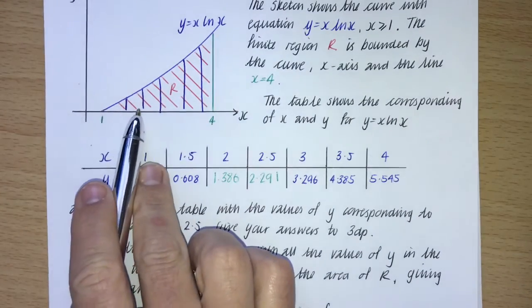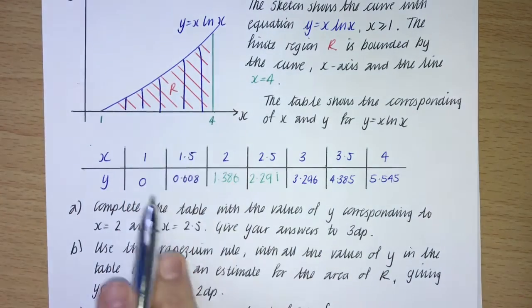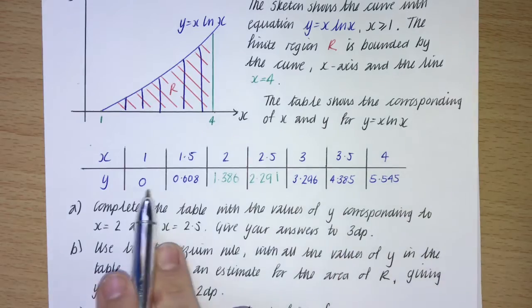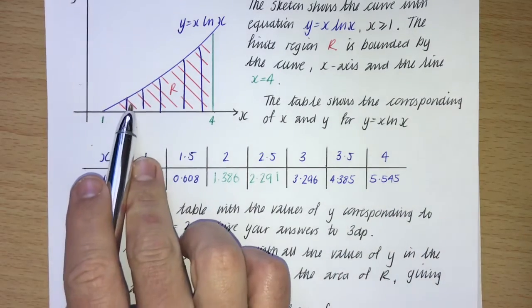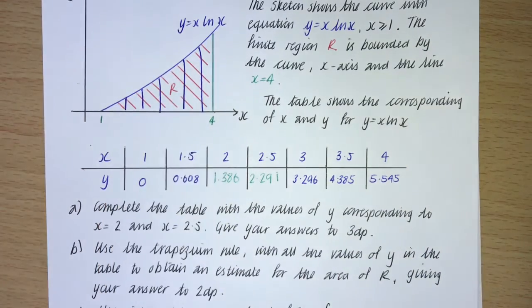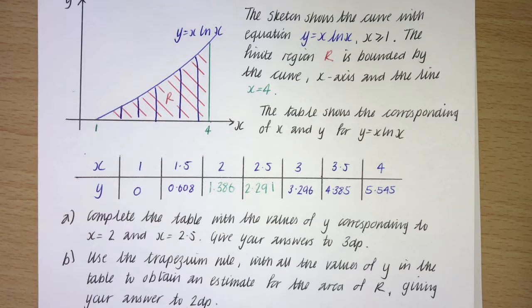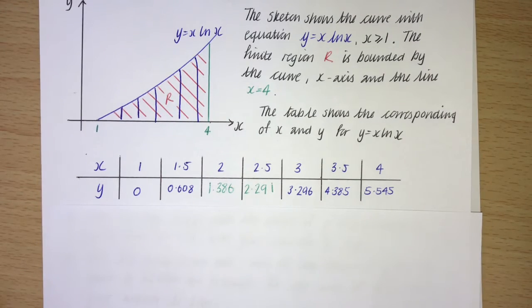So 7 values of x, 7 values for y, 6 areas that we will be calculating. So, not overly complicated, into our formula.